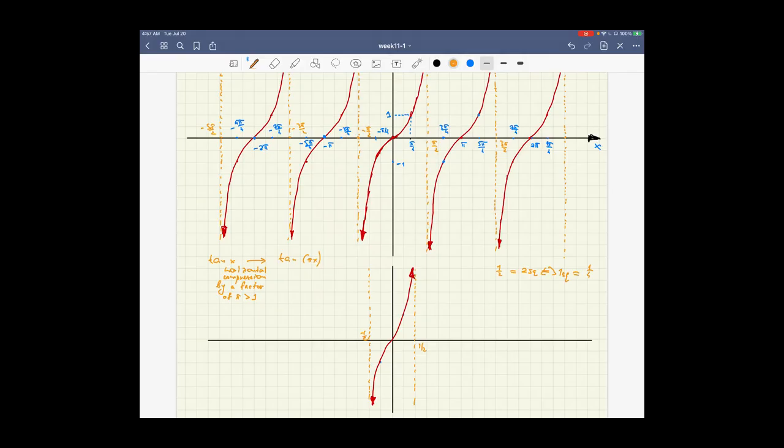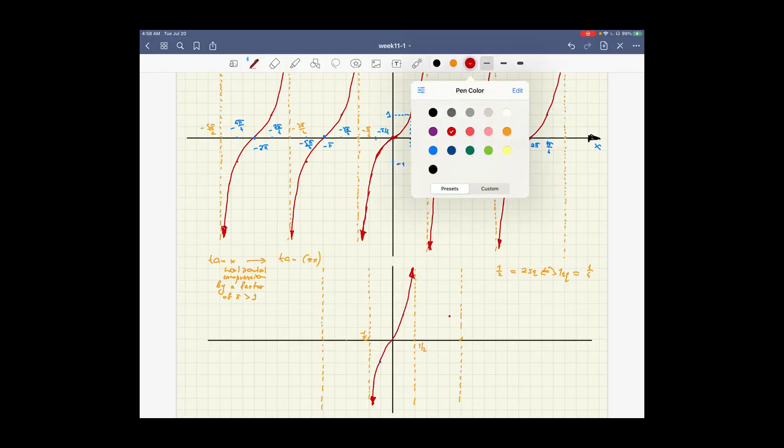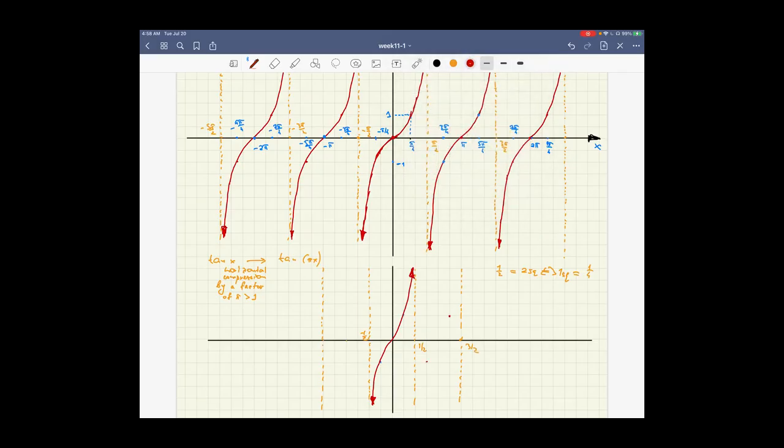Then the next asymptote will be 3/2 and -3/2. Value 1 will be here at 5 quarters, and the value will be -1 at 3 quarters.